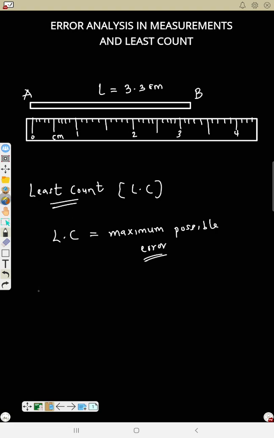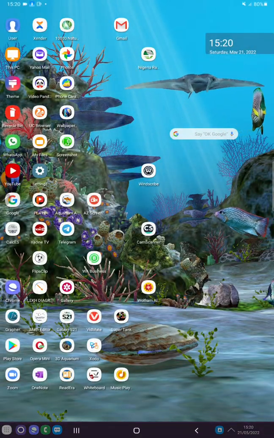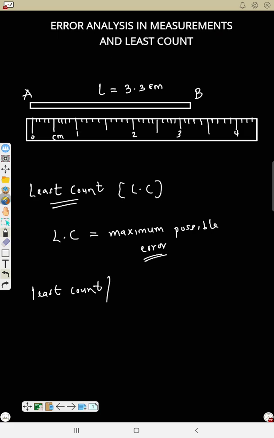That means I can also say least count or accuracy in measuring instruments.